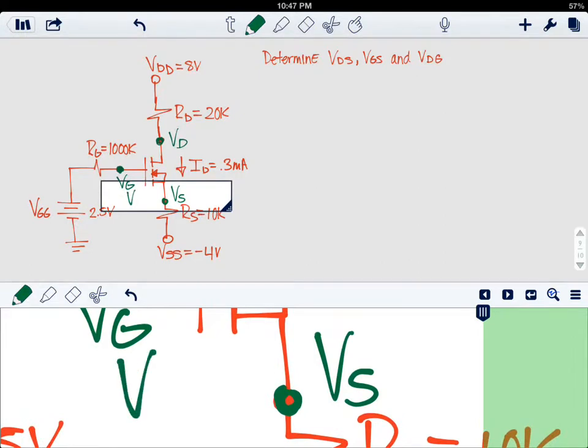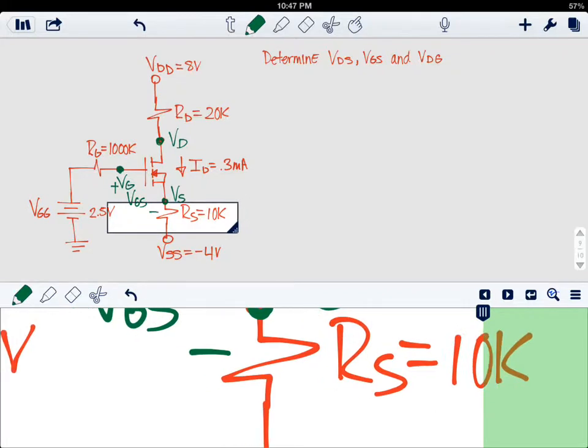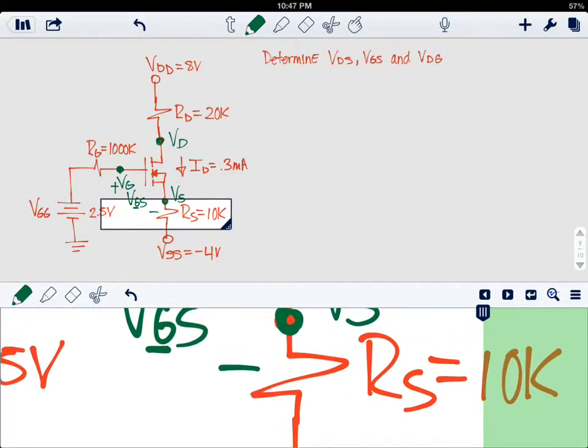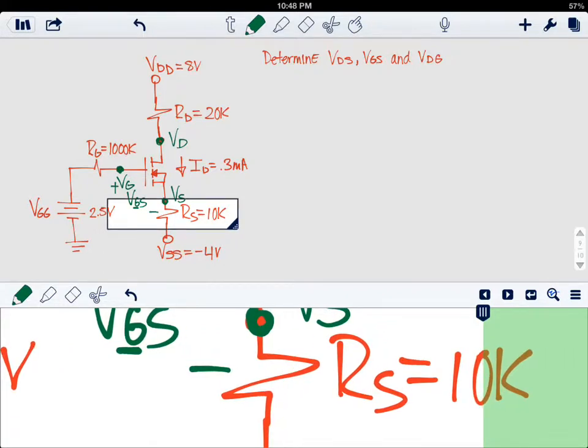So the voltage VGS, remember that we said the first letter is going to indicate which is the positive, and the second is going to indicate which is the negative.